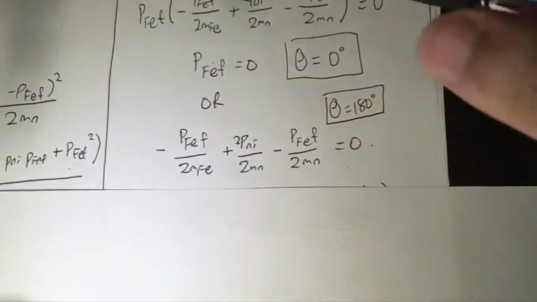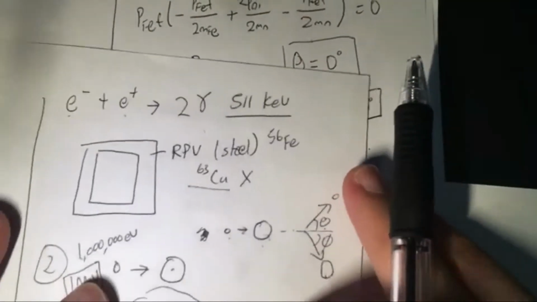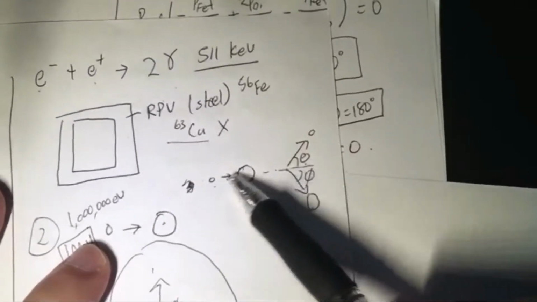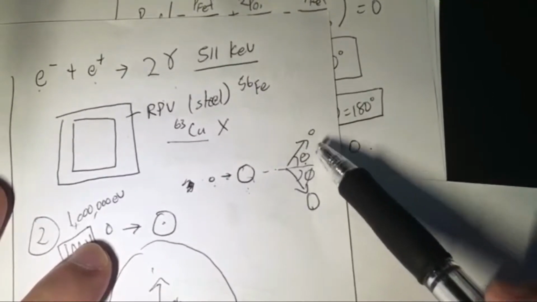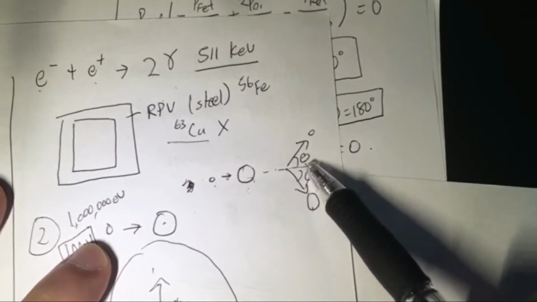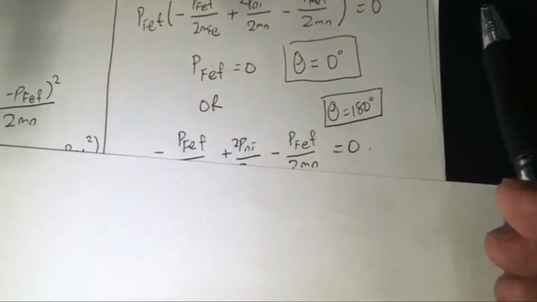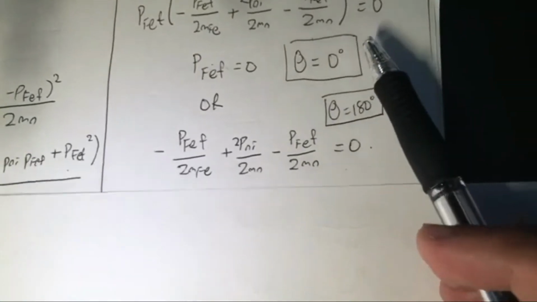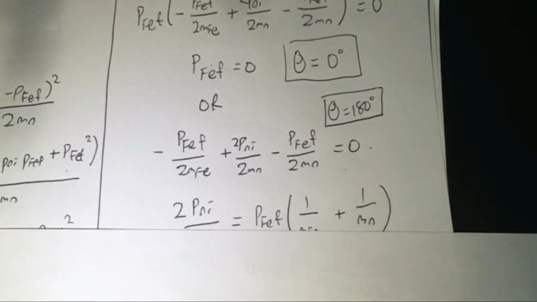So in the x direction, we look at this diagram. In the x direction, there's momentum transfer. In the y direction, there's no momentum transfer. So theta equals 0 or 180 degrees. So what about if it's the 180 degrees case?